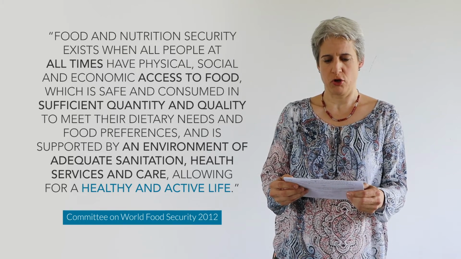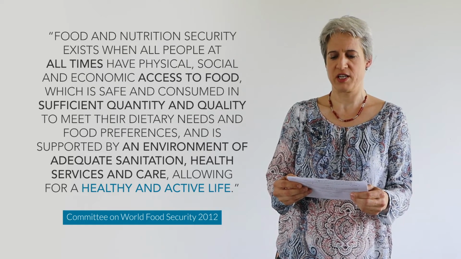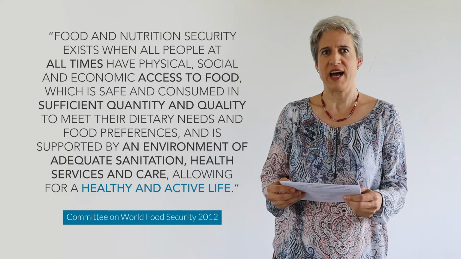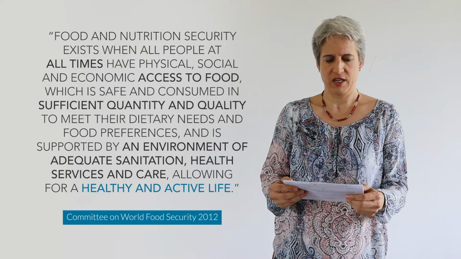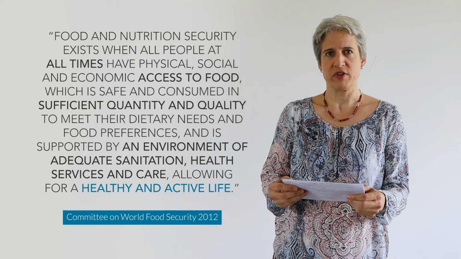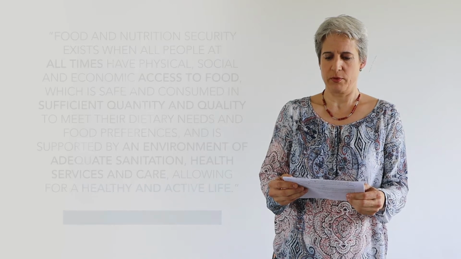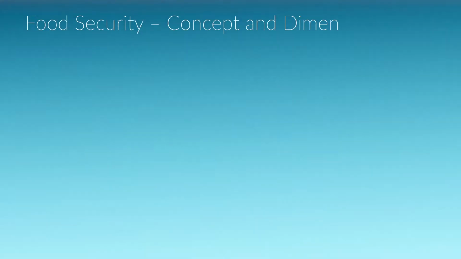What is important to note from this definition is the broader concept including nutrition. We talk about food and nutrition security. This concept includes three main dimensions and one cross-cutting. We will now have a look into each of these dimensions.